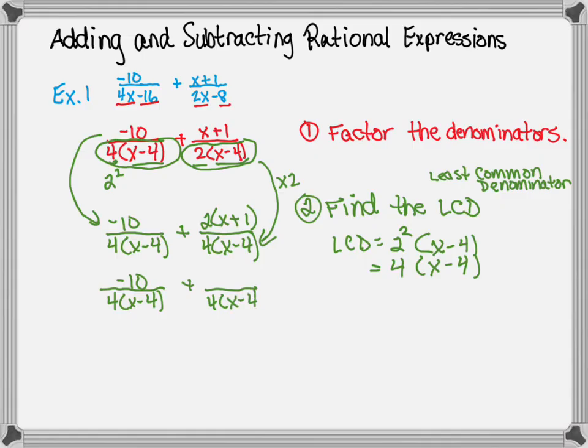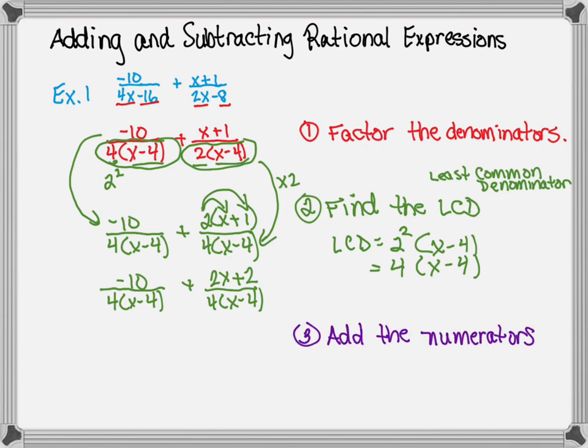And my second fraction becomes 2x plus 2 over x minus 4. Okay, now we will add the numerators.